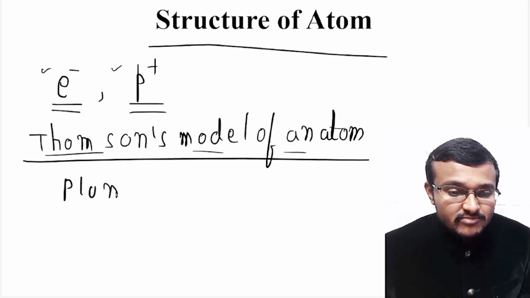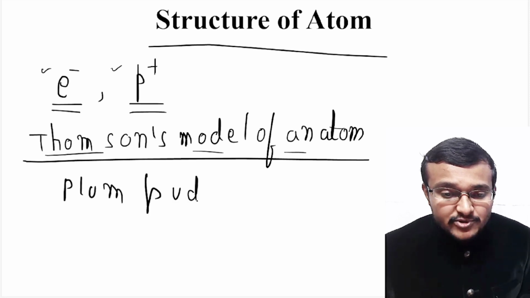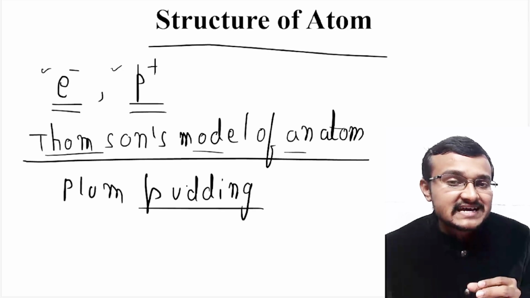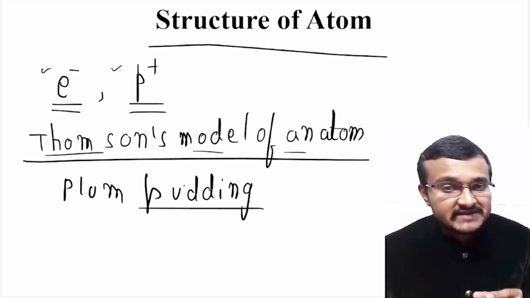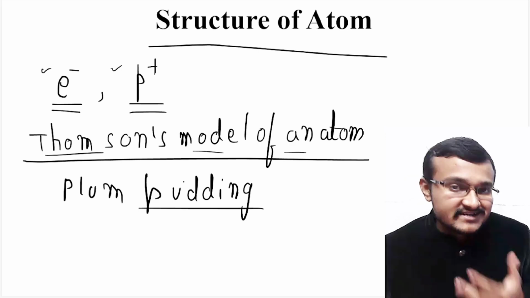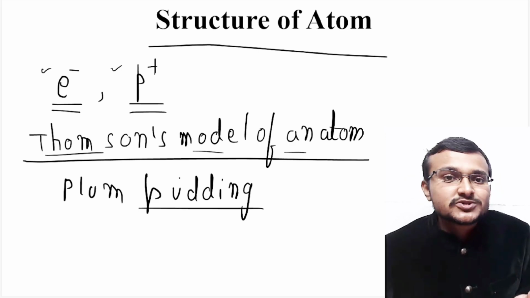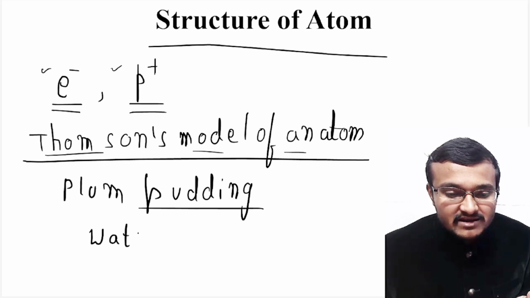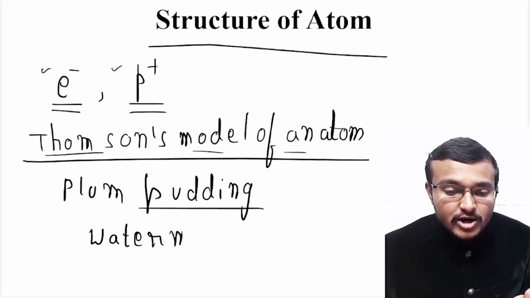The model is commonly known as plum pudding model, where pudding is a kind of cake which is actually made during Christmas times. So we as Indians are less exposed to these kinds of cakes. That's why we can imagine a watermelon to understand this particular model.